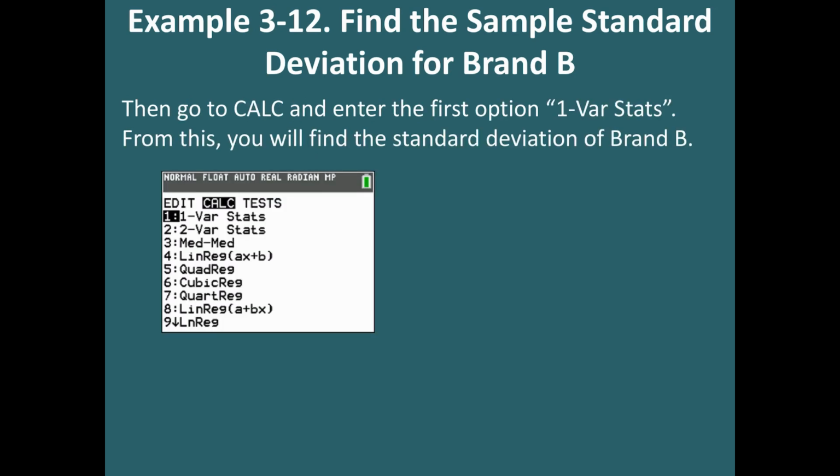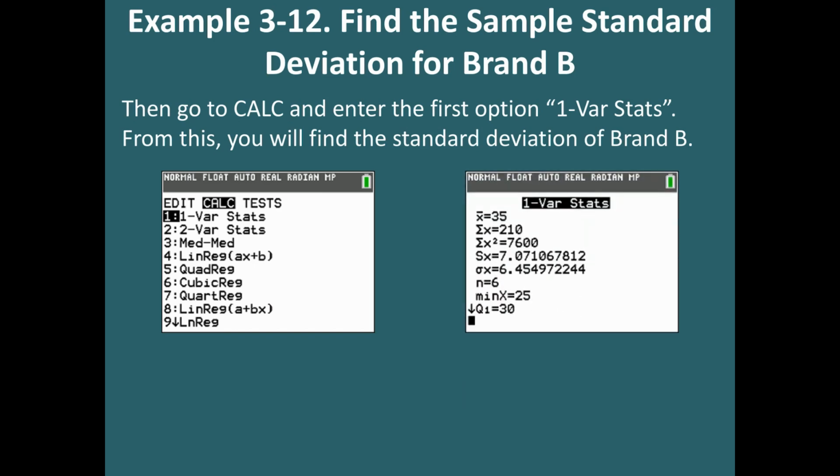Then go to Calc, enter the first option, 1 var stats. From this, you will find the standard deviation of brand B. And the sample standard deviation for brand B will be 7.1, as indicated from this here.